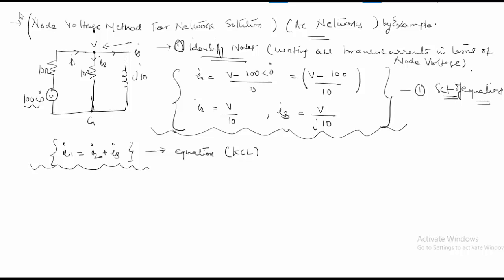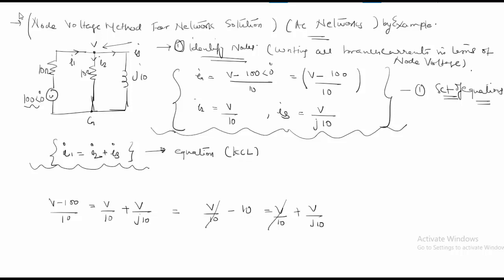When I substitute each of the branch currents, I get V minus 100 divided by 10 equal to V by 10 plus V divided by j10, which is V by 10 minus 10 equal to V by 10 plus V divided by j10.